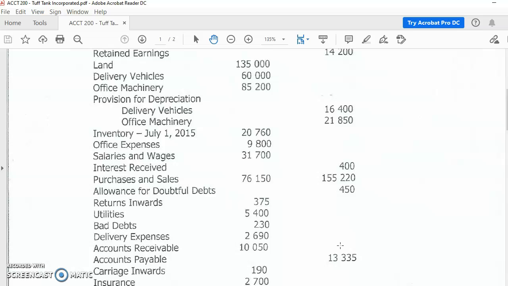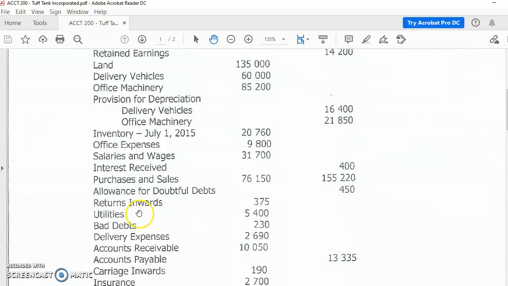So therefore, our allowance for doubtful debt will fall under our admin expenses, and whether it increases or decreases, we would have to deal with that. If the allowance for doubtful debt for the period increases, then that will be added as a part of the expenses. However, if it is reduced, then it is subtracted in our expenses. So we have the allowance for doubtful debt.